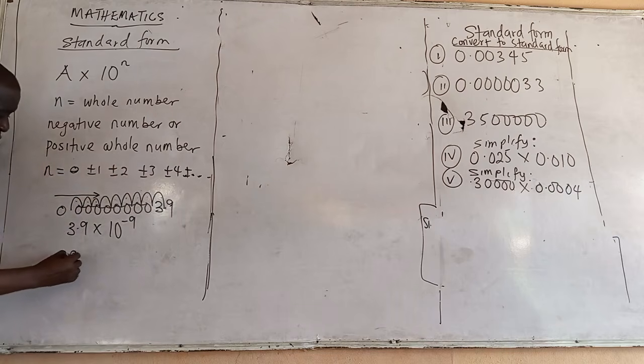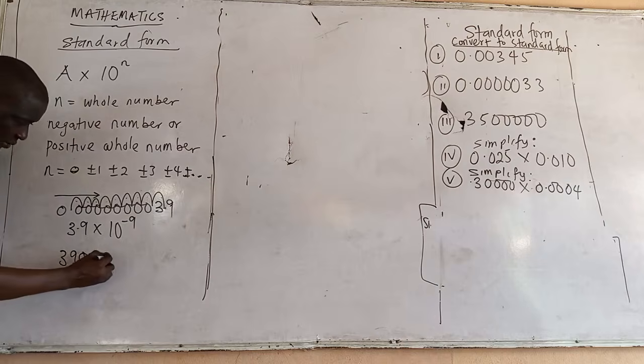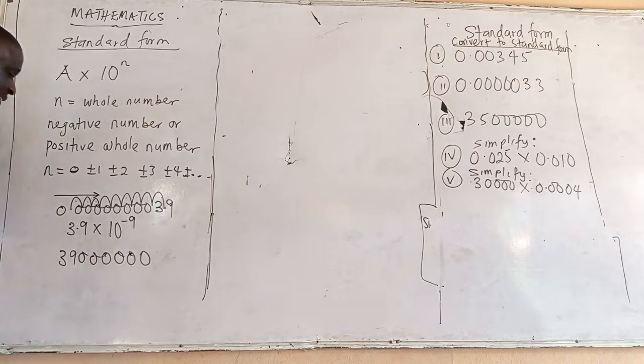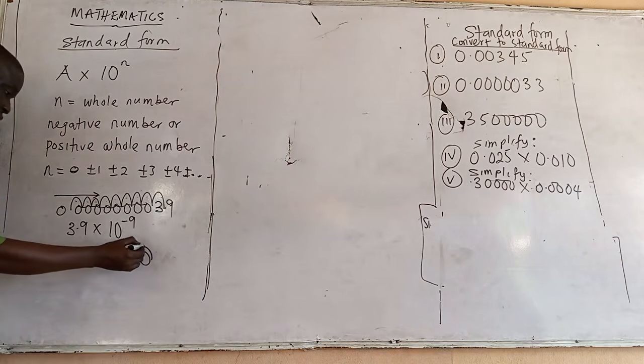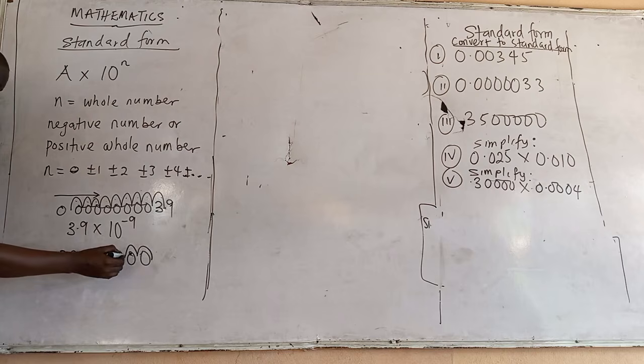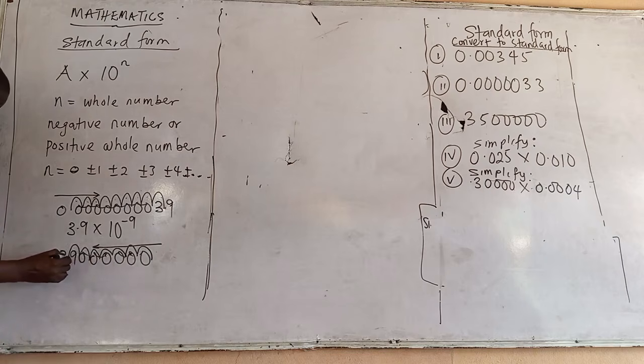Let's move the other way around. Let me give it to you like this. This is 39 million. Now, 1, 2. This I'm moving towards the left. 3, 4, 5, 6, 7.